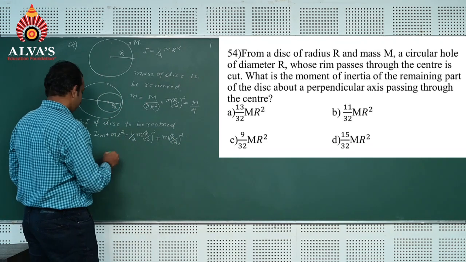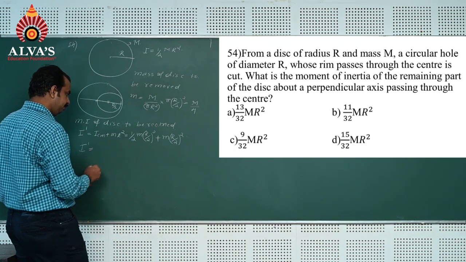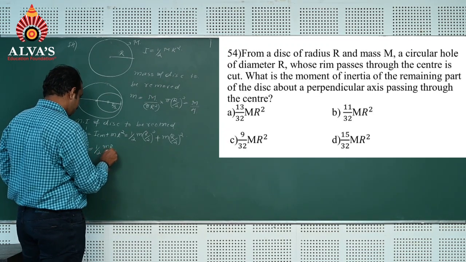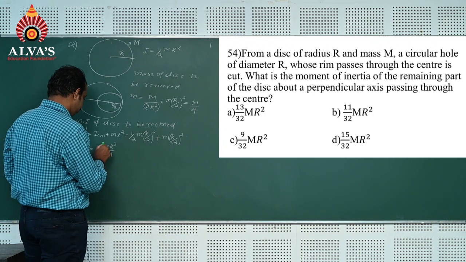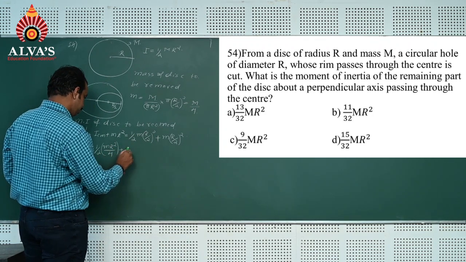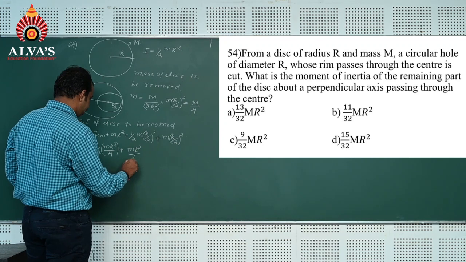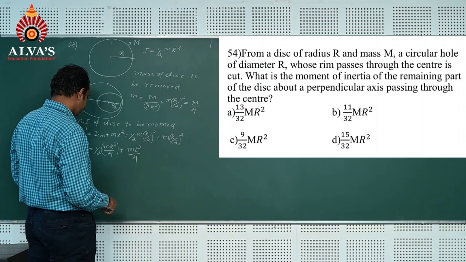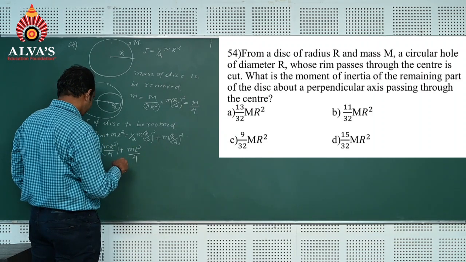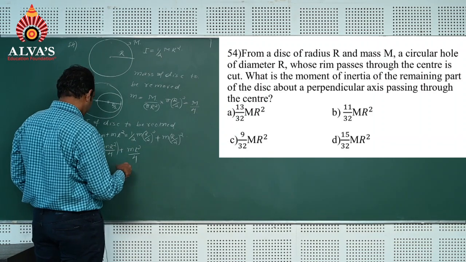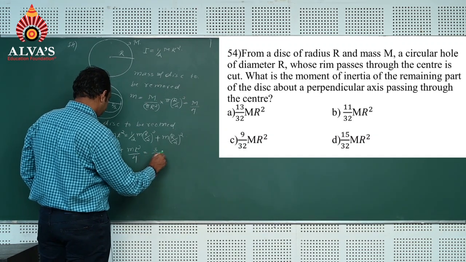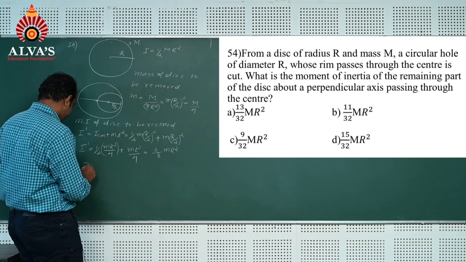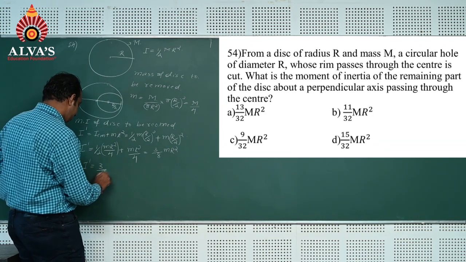So I dash is half M R square by 4 plus M R square by 4, that is M R square by 4 common, 1 plus 1 by 2, which is 3 by 2, which is equal to 3 by 8 M R square. I dash is equal to 3 by 8.